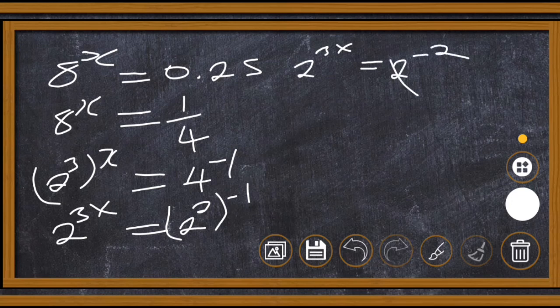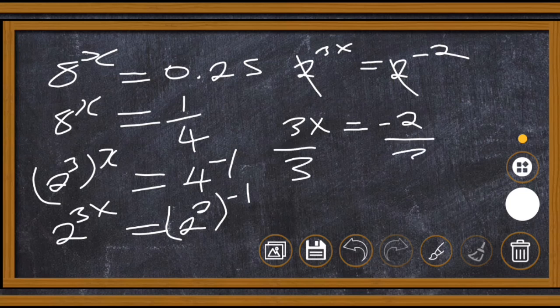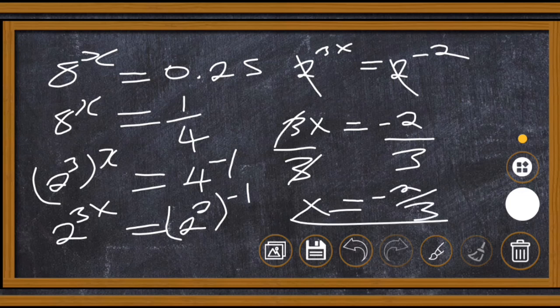So this 2 and this 2 will cancel since they are the same. So we are going to remain with only the powers, that is 3x equals to negative 2. Then when we divide both sides by 3, we're going to remain with x equals to negative 2 over 3. So this is the value of x.